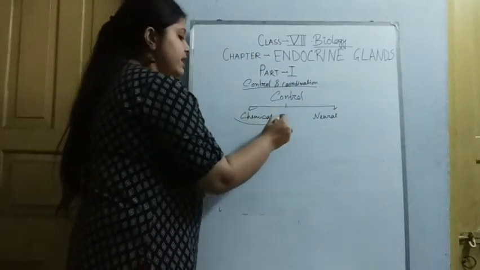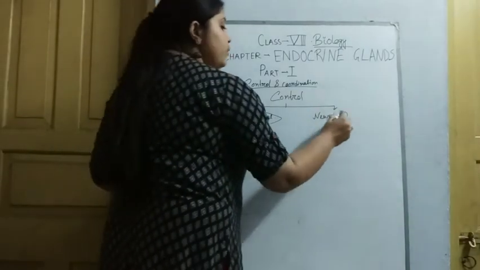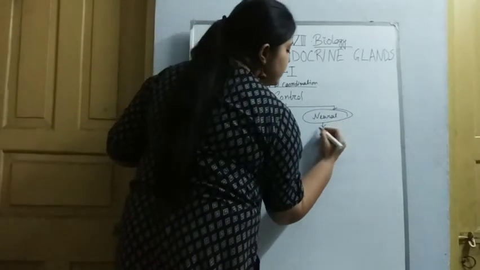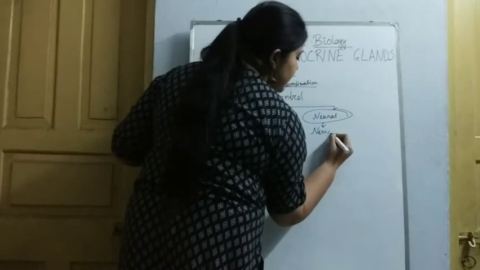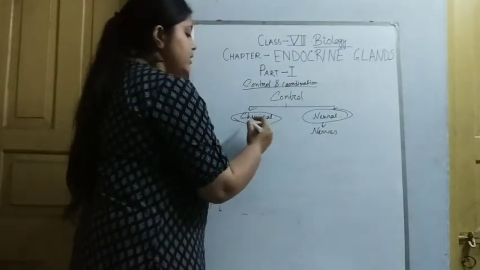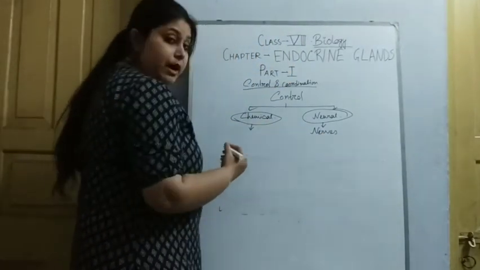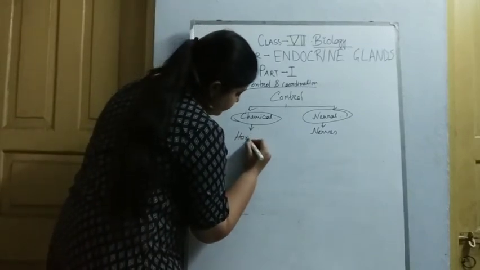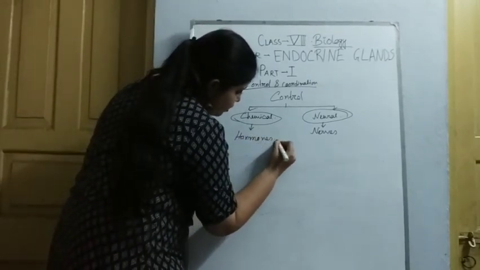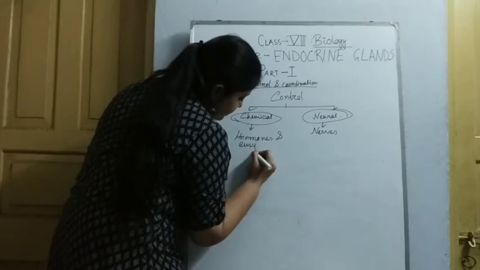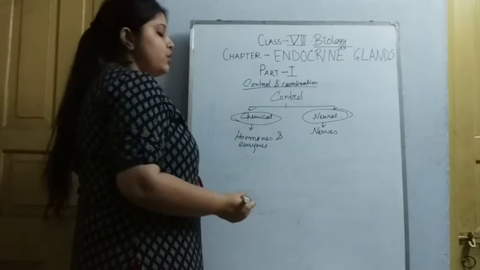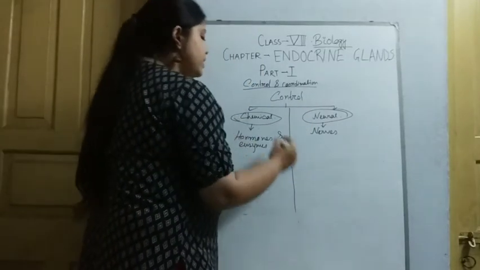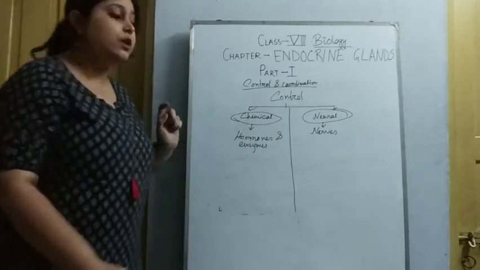As the name suggests, the neural control consists of nerves, and the chemical control is mainly done by hormones and also enzymes. So what are the main differences between chemical control and neural control?